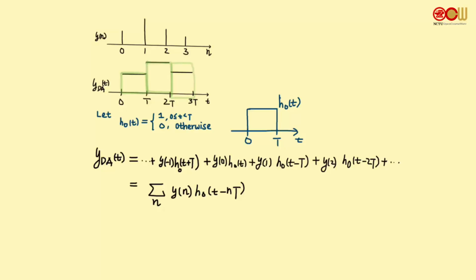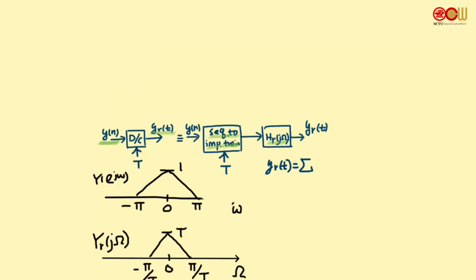But at that time, h0 is replaced by hr. That's the only difference, right? It was hr of t minus nT. That is the output of a D2C converter. With a D2C converter, yr of t is summation over n of yn hr of t minus nT.